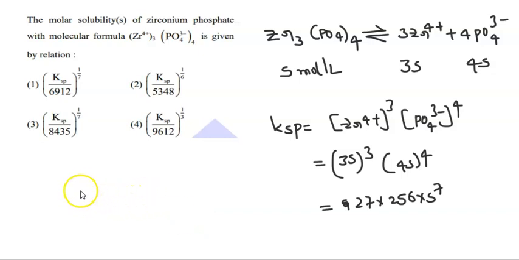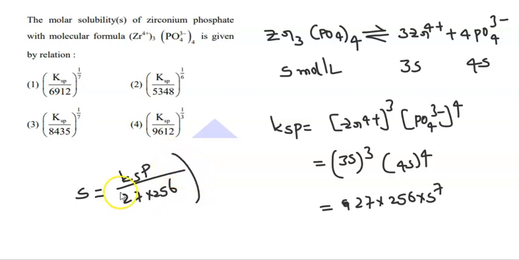Then S is equal to Ksp by 27 into 256 whole power 1 by 7, which is there in option 1.